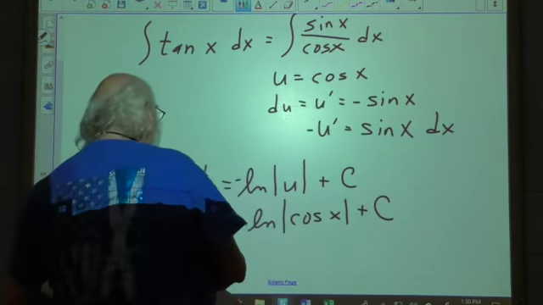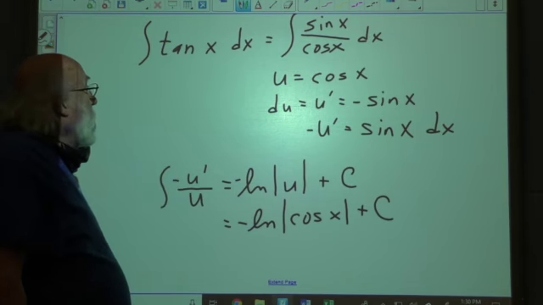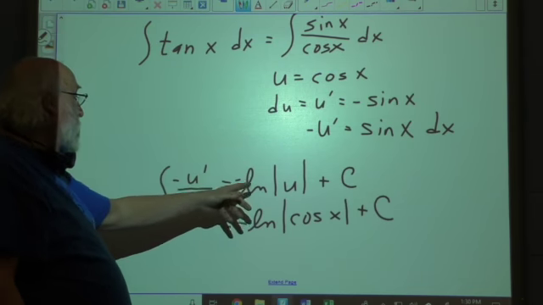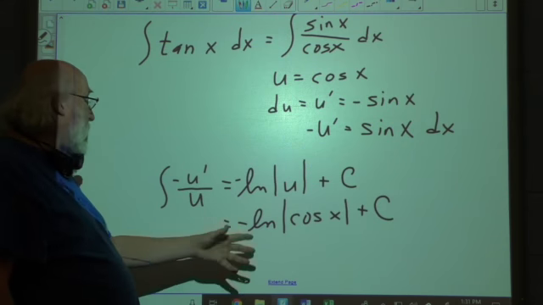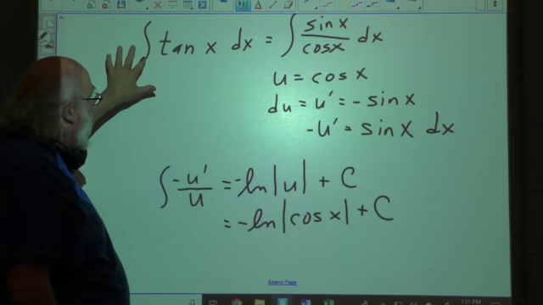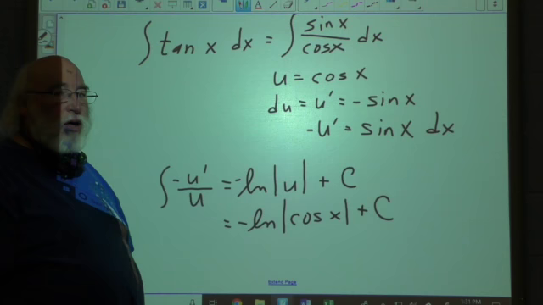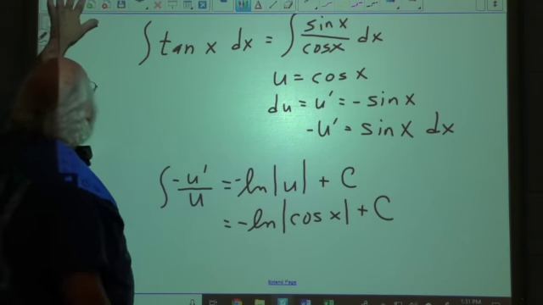And the integral of that over the cosine, which is equal to u, we plug that in, and then u we know is cosine of x. And so that shows you that the integral of the tangent of x is the negative natural log of the cosine of x plus c. So that will show you where they got that from, where it came from.